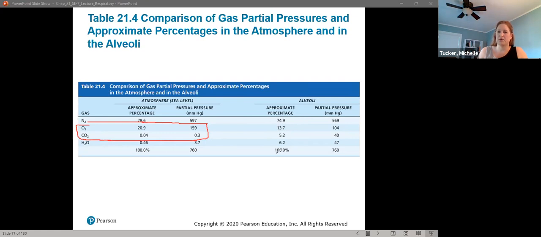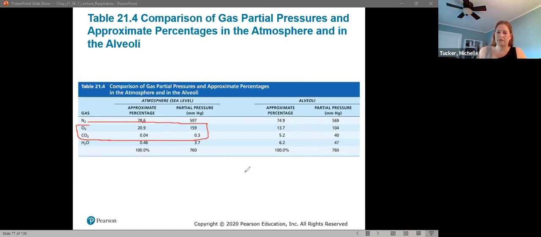So again, these don't match atmospheric because of that intermixing of dead space gases with incoming gases, as well as we have a lot of carbon dioxide getting dropped off and oxygen leaving. So all of those processes together create this change in percentages as well as partial pressure.